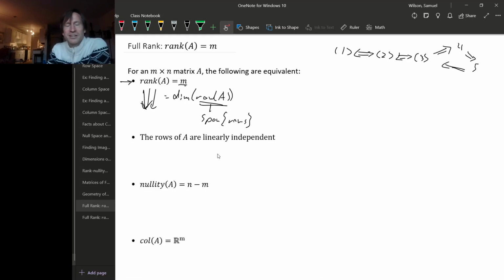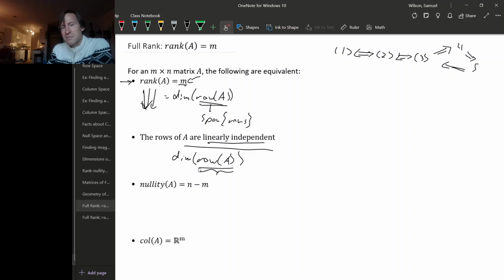Now let's prove the implication the other way. Suppose that our rows are linearly independent. We want to show that our rank is m. What is the dimension of the row space? On the one hand, the rows span this space because that's the definition of the row space. But if the rows are also linearly independent, that means the rows are a basis for this space.